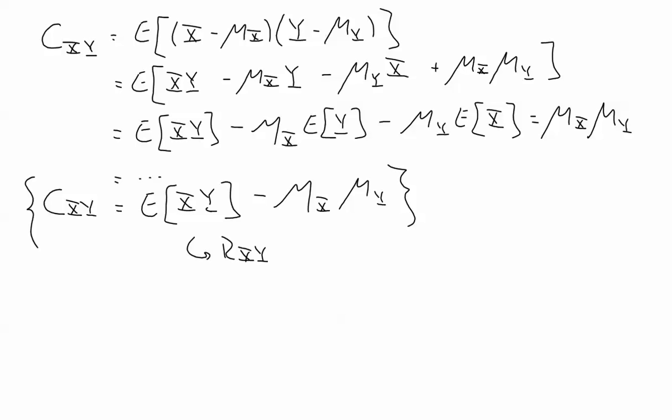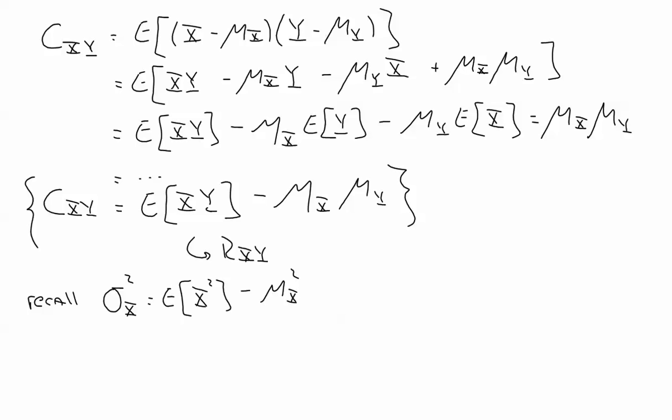All right, and recall several videos back, we saw that the variance, for example, of x was the normalized power of x, the mean squared value of x, minus the square of the mean. Notice the similarity.